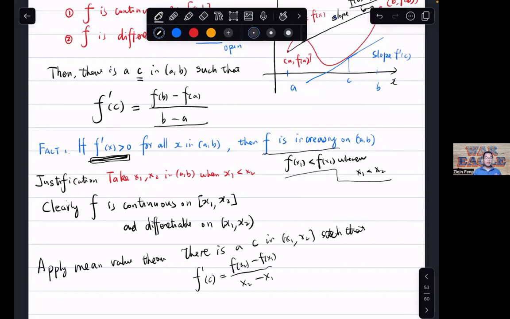This is basically a direct application of the mean value theorem, just with (a, b) being (x1, x2), right?